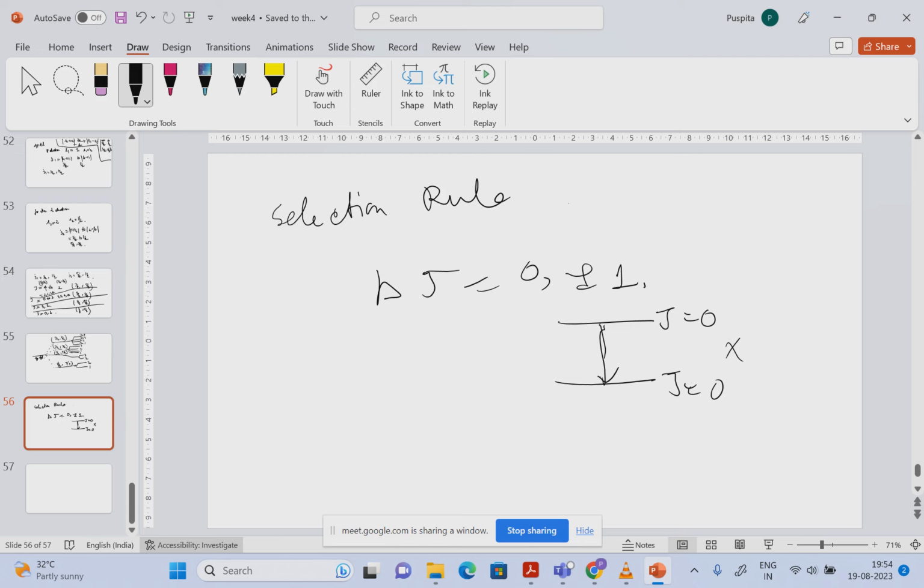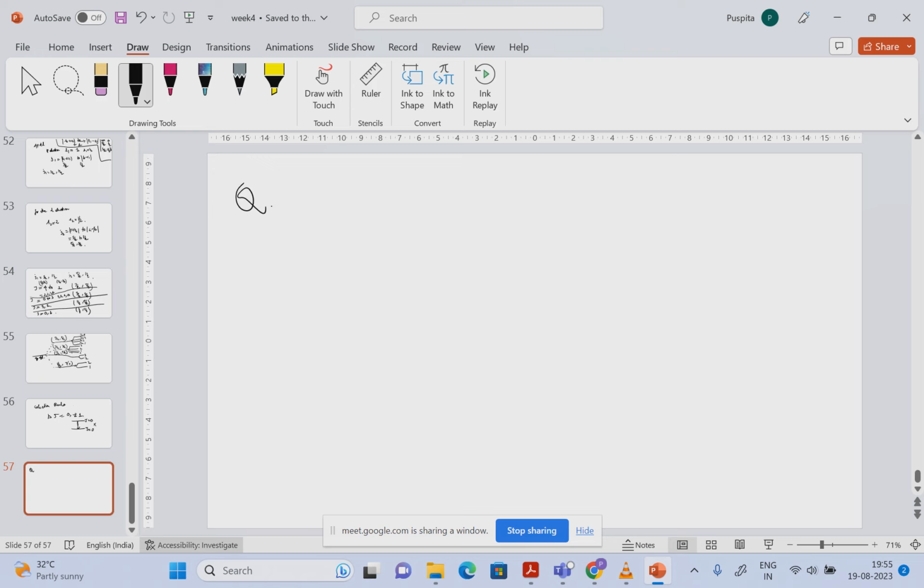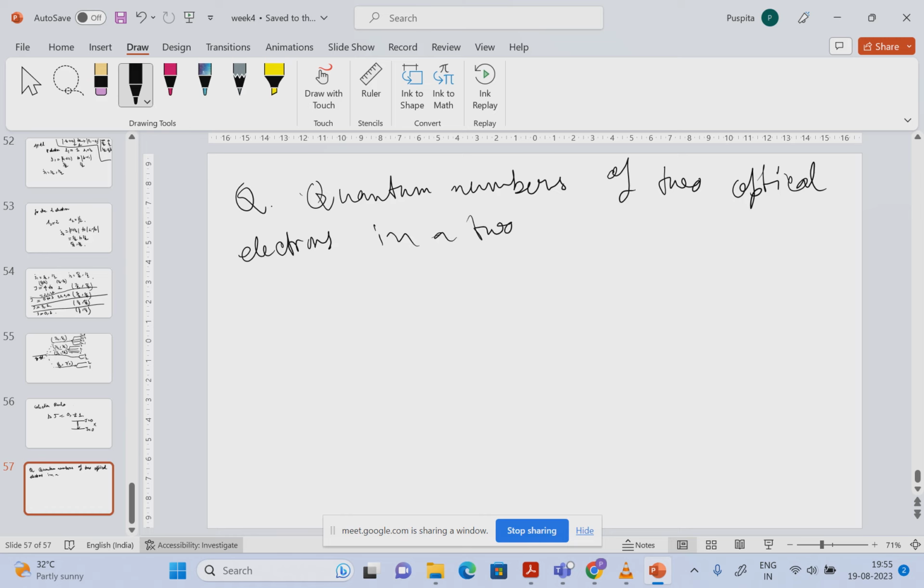Let us take a question. The quantum numbers of two optical electrons in a two valence electron atom are given.